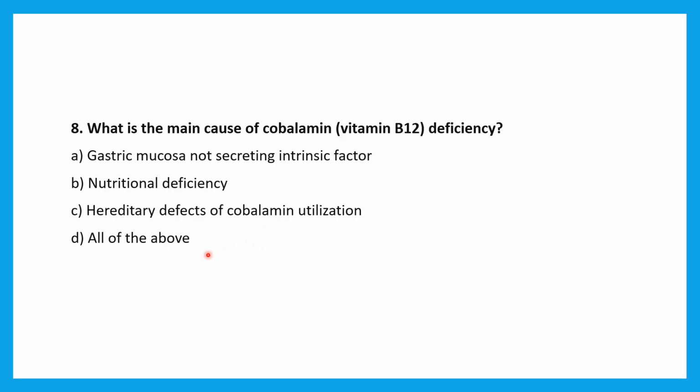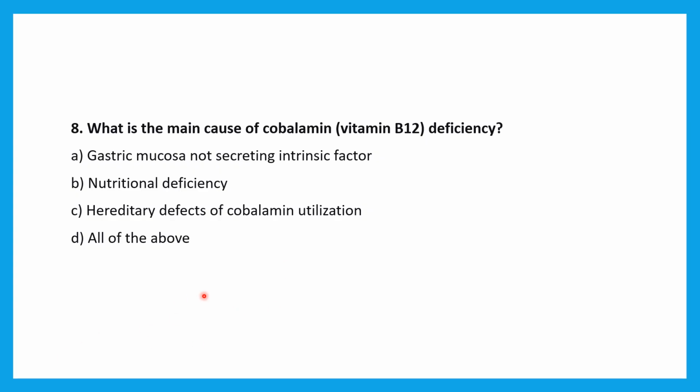So cobalamin deficiency can actually arise from several mechanisms. What are these mechanisms? 1, lack of intrinsic factor. We are referring to pernicious anemia here. Then 2, it can be due to inadequate dietary intake, such as, let's give an example, a strict vegan diet, isn't it?